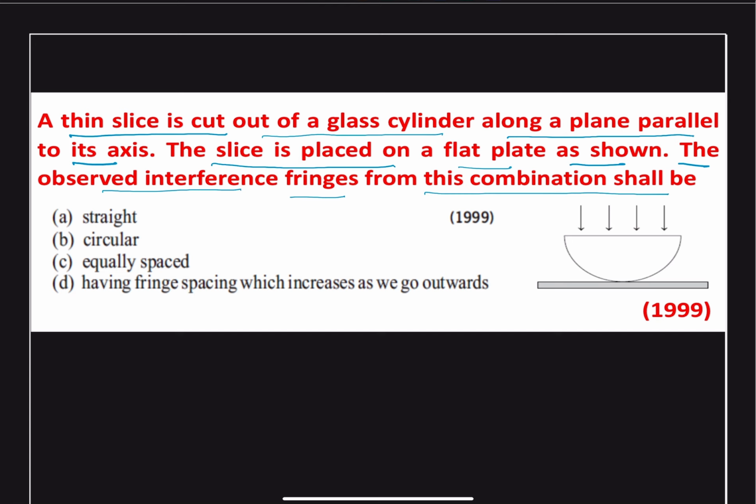We are given the figure. The slice is cut along the plane of the axis, and it is placed on the plane with its cylindrical surface on the support system. So we have to find out how the interference is going to behave.